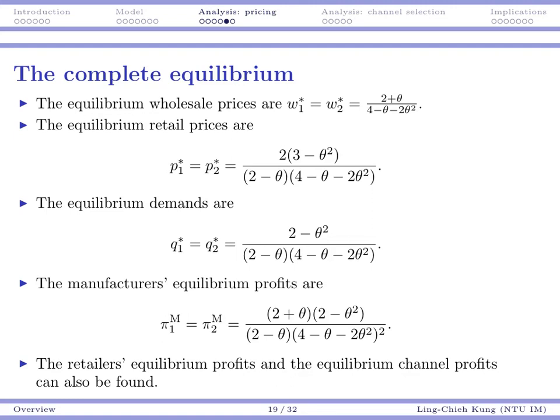It may not be so easy to verify whether this is increasing or decreasing in theta, or it's also possible that it's sometimes increasing, sometimes decreasing. We don't really know, but if you want, you may definitely verify it, or simply draw a graph to show what happened to them.